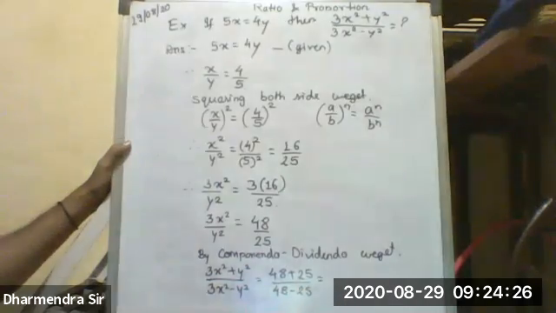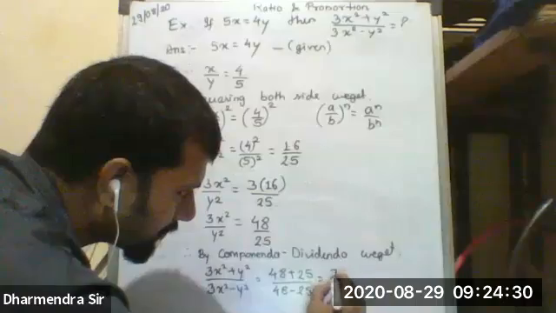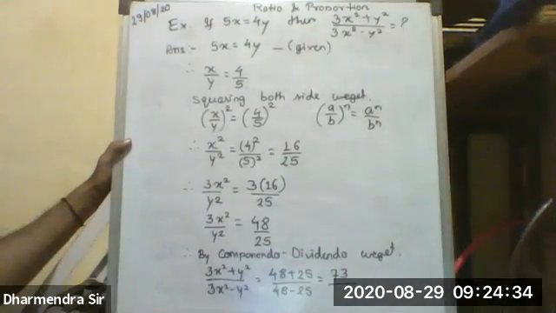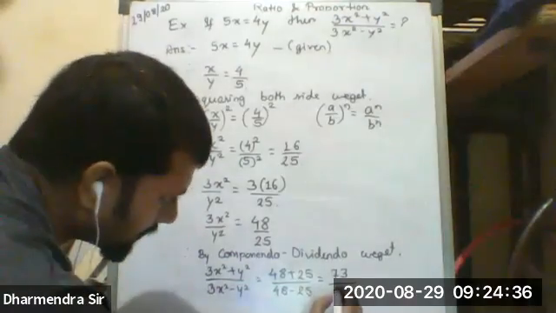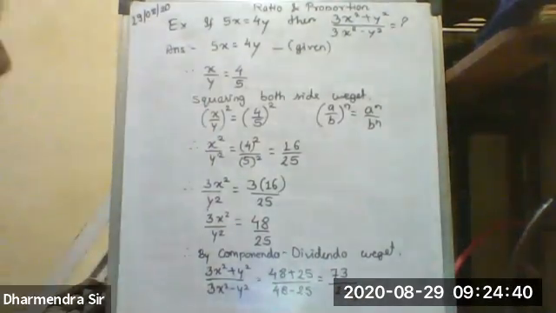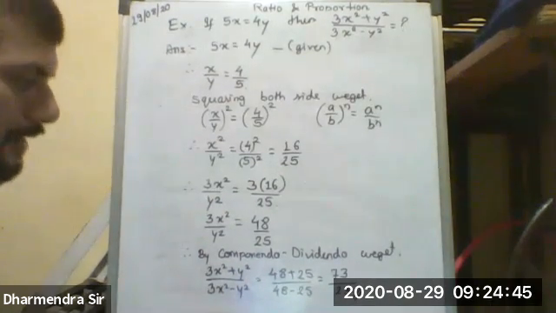We know that 48 plus 25 is 73 upon 48 minus 25 is 23. And it does not have any common multiple. So our final answer for this is 73 by 23.